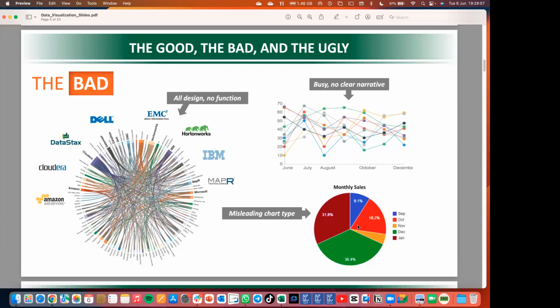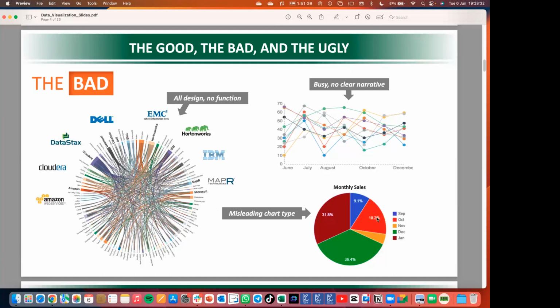Here we come with our pie chart, a misleading chart type. First of all, you have many colors. That's one. Second, the way you're using the colors. How can 18.2% be in red and 9.1 in blue? Actually it is monthly sales.